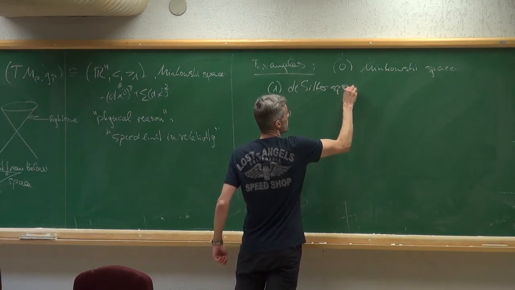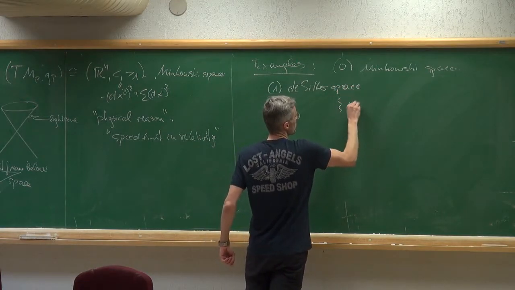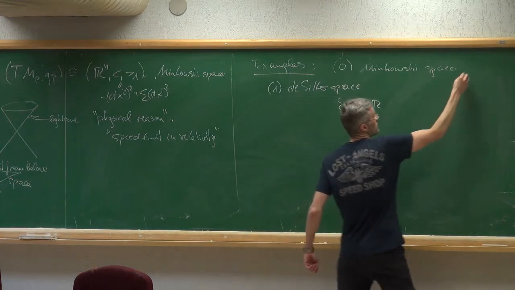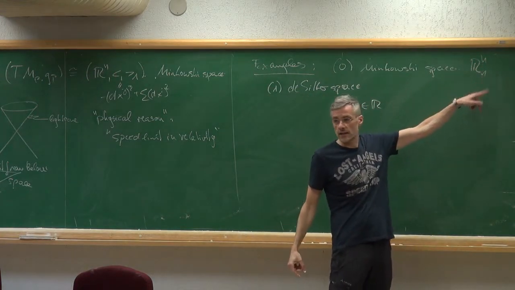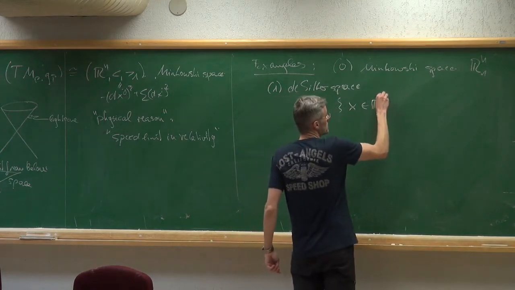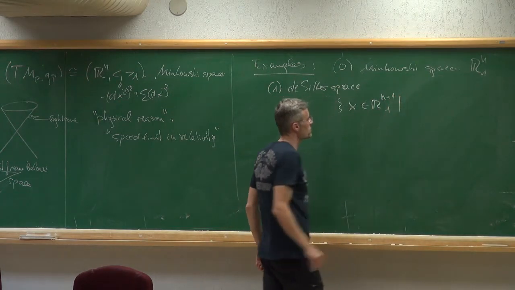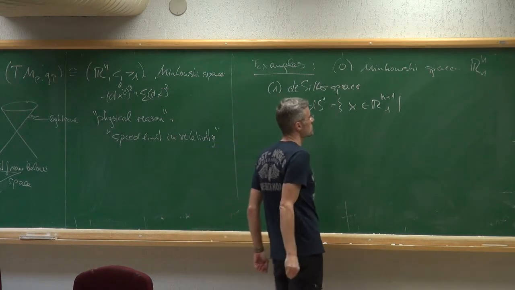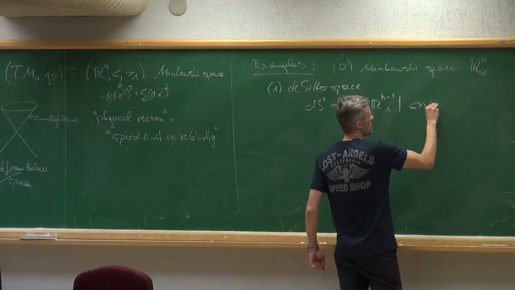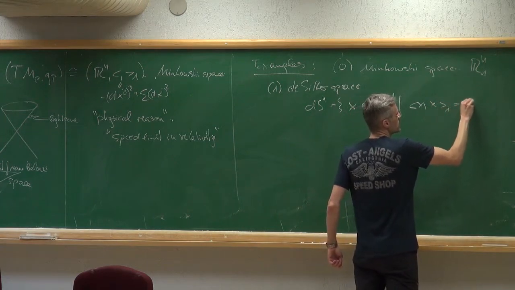which is nothing but those points in R^{n+1}_1, usually denoted this way, with the subscript just indicating the index of the bilinear form, I want this to be n-dimensional de Sitter space, such that the inner product of those points is equal to 1.